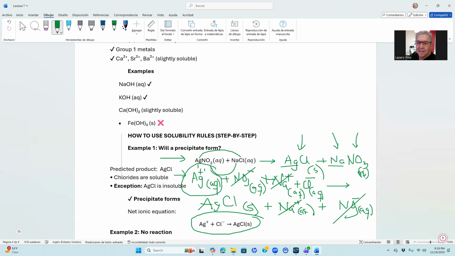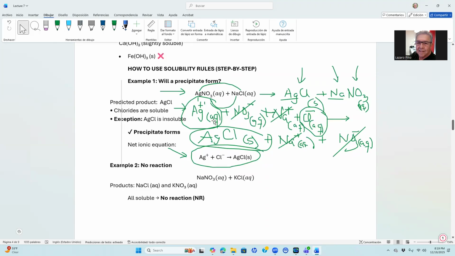The silver plus chloride make silver chloride. And this is what we call net ionic equation. Stop the video, try to do it by yourself because this is a very important task.